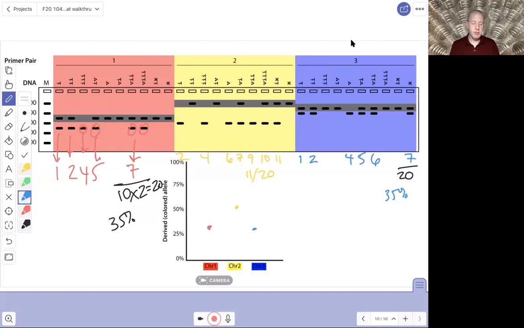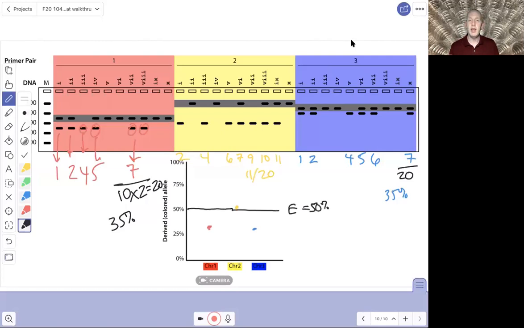So what does this graph tell us about the potential for a genetic incompatibility to be present on these chromosomes? Well, again, remember we just described that we have an expectation. If nothing bad or good, for that matter, is going on, then we should see the expected frequency of colored alleles versus gray ancestral alleles to be exactly 50%.